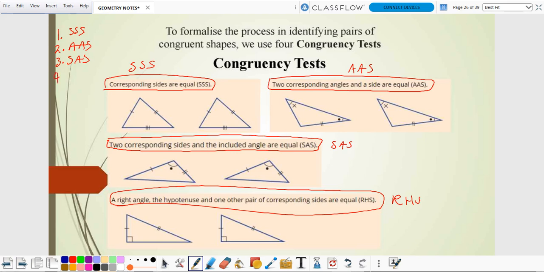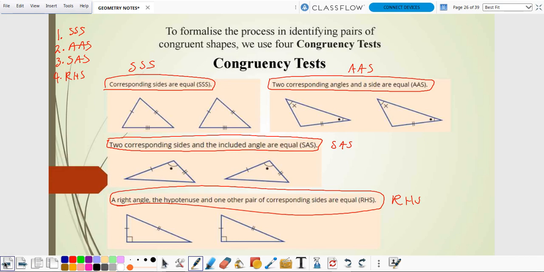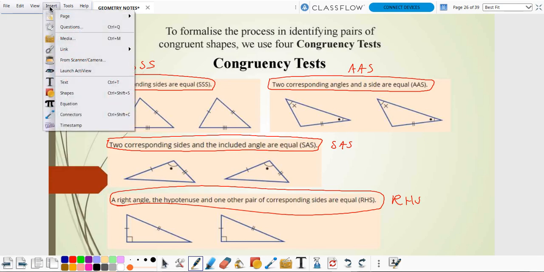And the 4th test is RHS, which is right angle, hypotenuse, and side. These are the 4 tests that we're going to use to prove if a triangle is exactly the same. Before we go on, let's do some of those as an example.